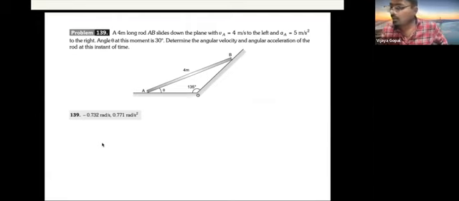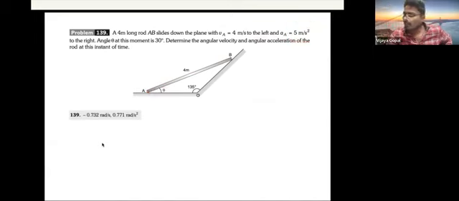Okay, so there's a 4 meter long rod. They've given the velocity of A as 4 meter per second to the left, and the acceleration of A as 5 meter per second square towards the right.